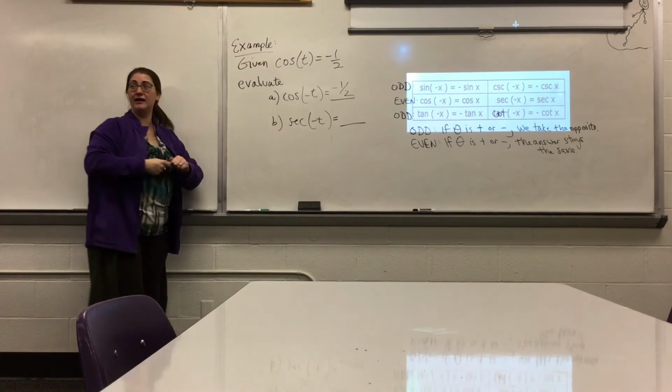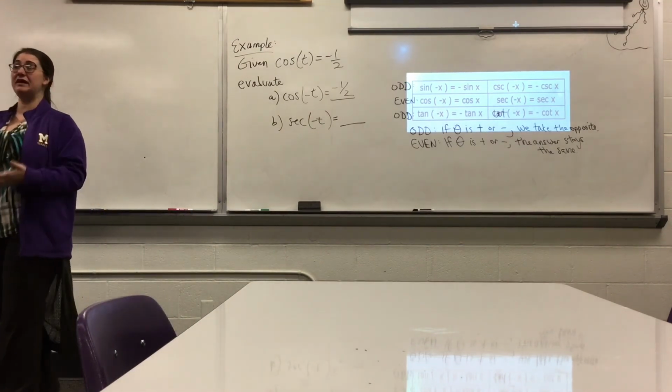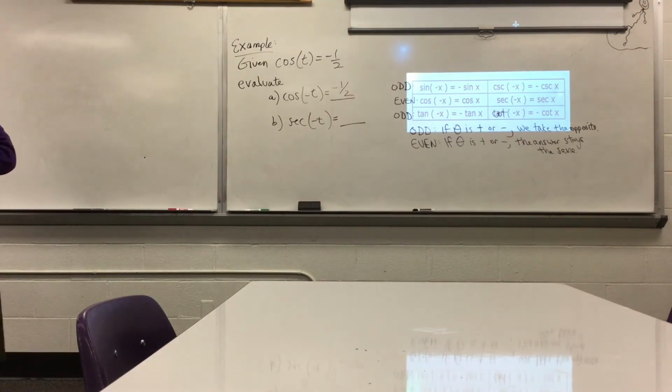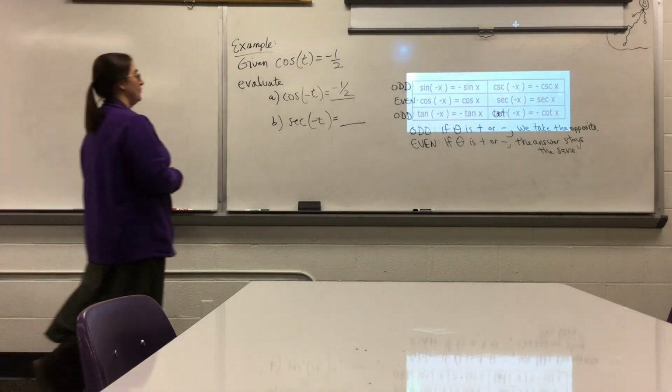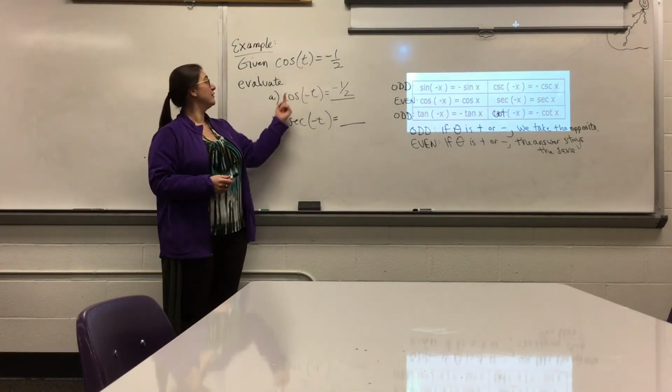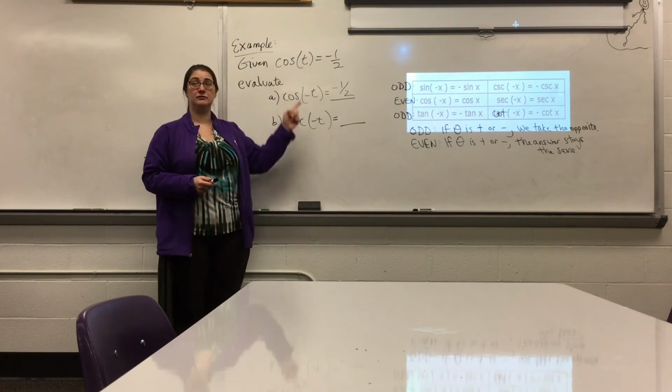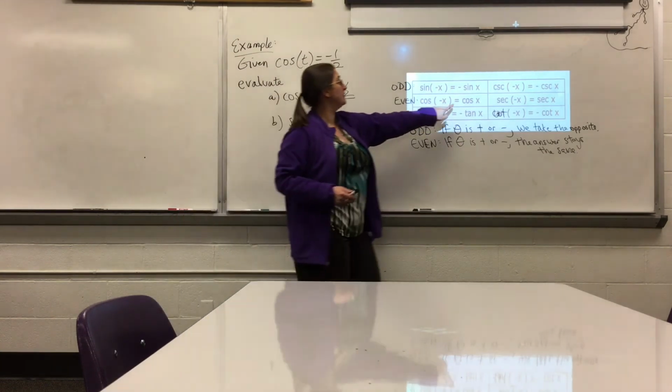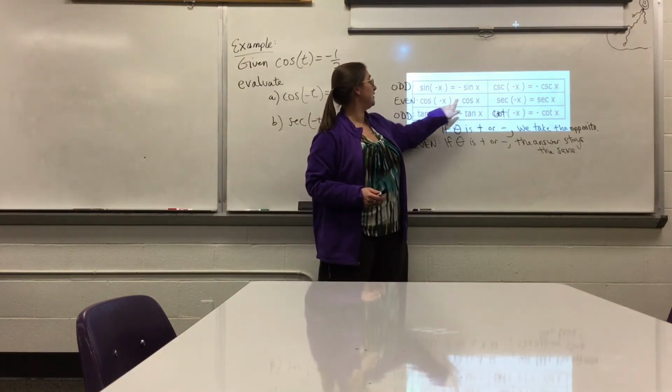Still the same thing, right? Even means it stays the same. If it is even, which means cosine or secant, it stays the same. Cosine of t, cosine of negative t, they're equal.